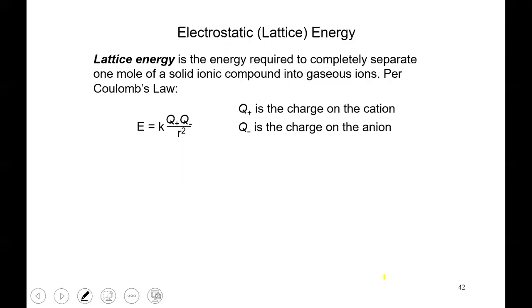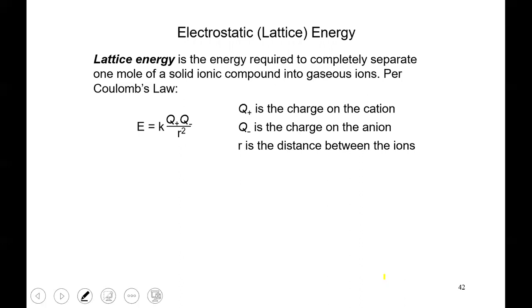Q minus is the charge of the anion. And again, we're not going to use units of charge in coulombs. We're just going to use +1, +2, -1, -2 kind of thing. R here is essentially the distance between the ions, which can be calculated with X-ray crystallography of ionic compounds. And we'll discuss that in a future chapter.